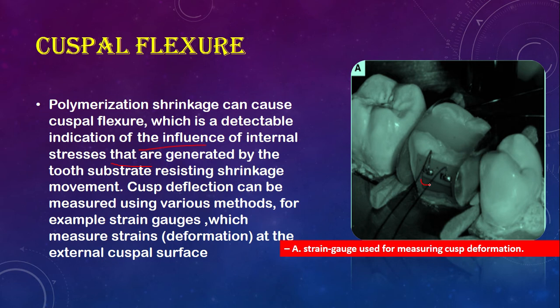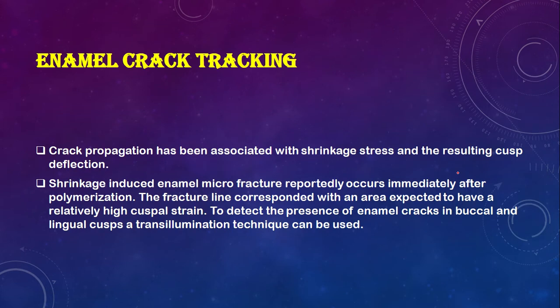This cusp deflection can be measured by a strain gauge apparatus at the external cuspal surface. Apart from this, we have enamel crack tracing. The crack propagation has been associated with shrinkage stress development, and this stress generates microfractures, and the fracture line generated corresponds with the area of expected high cuspal strain.